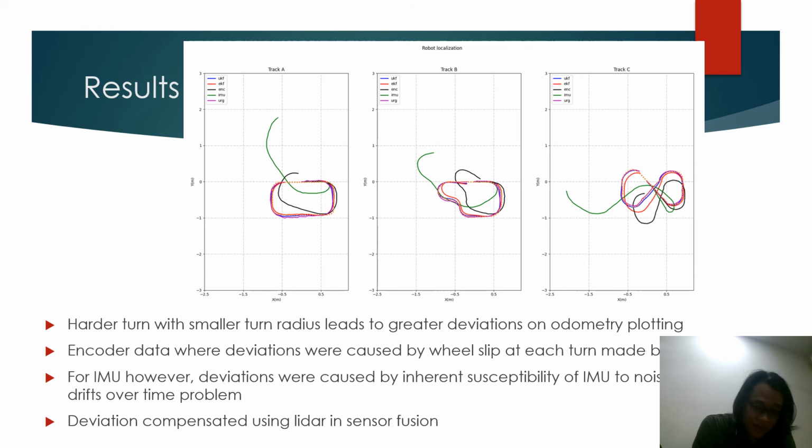For IMU, however, the deviations were caused by the inherent susceptibility of the IMU sensor to noise. The noise causes the IMU sensor output to drift over time. For the estimated odometry by EKF and UKF, deviations are mostly compensated using LiDAR as the measurement.